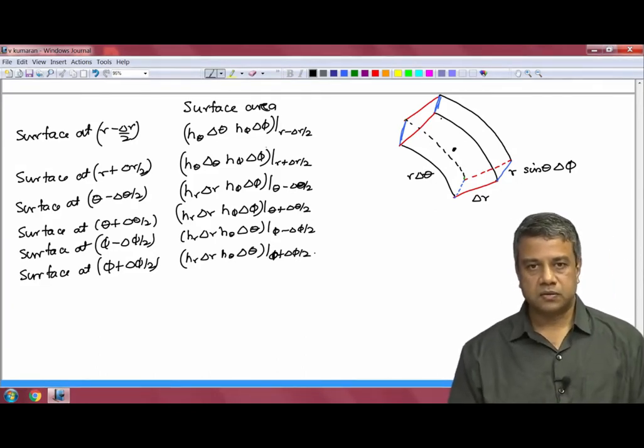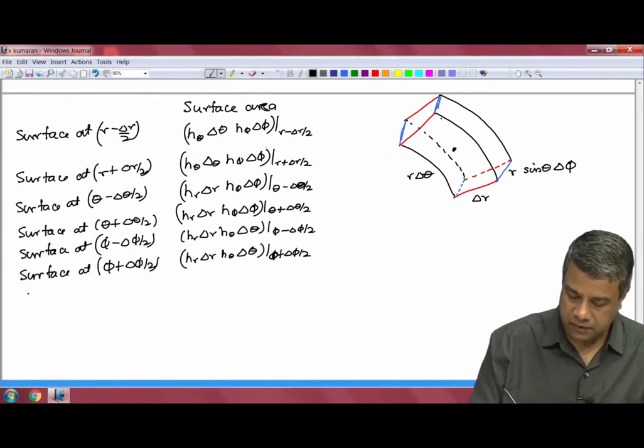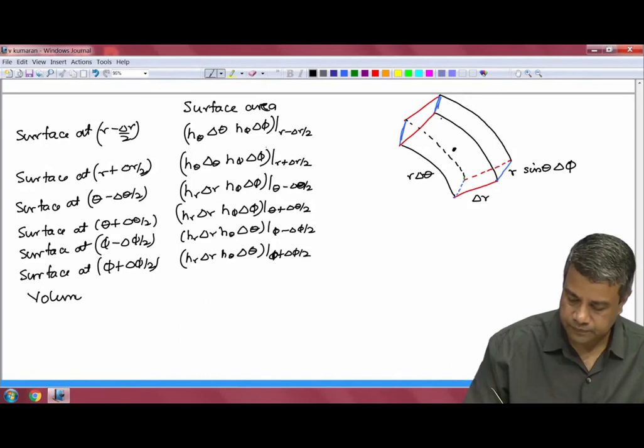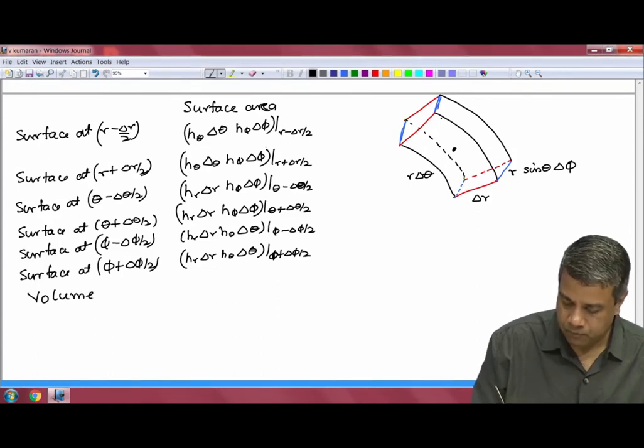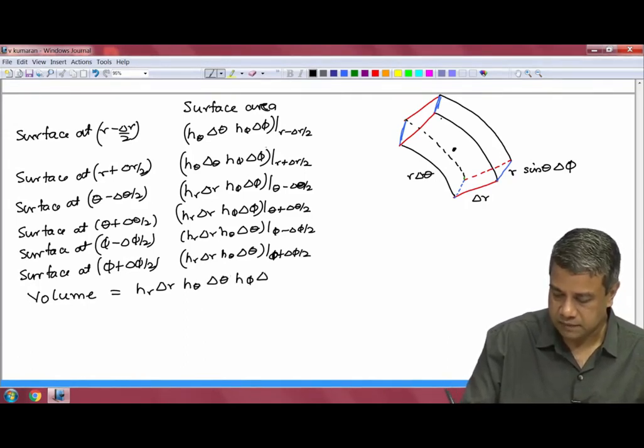So, those are the 6 bounding surfaces of this differential volume, and the volume itself is equal to h r delta r h theta delta theta h phi delta phi.